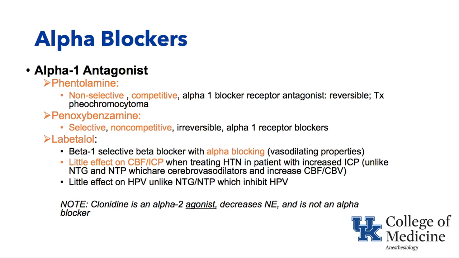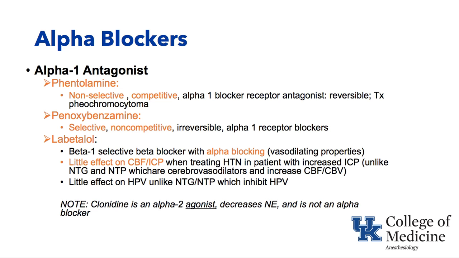Let's talk about alpha blockers next. Drugs that are not used very frequently include phentolamine and phenoxybenzamine, except when you're discussing the treatment of pheochromocytoma. Remember, pheochromocytoma often is a norepinephrine-secreting tumor, and you want to block the alpha receptor, at least that's the usual recommendation, prior to someone coming to an operation for their pheochromocytoma.